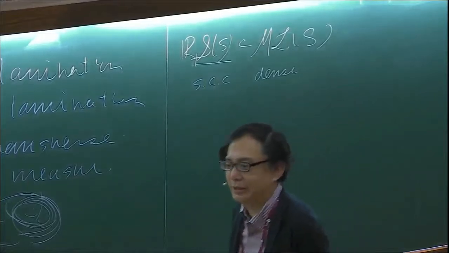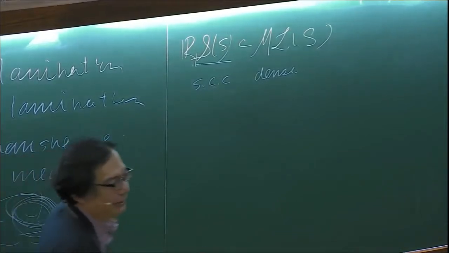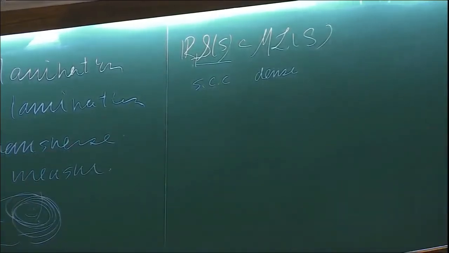I haven't talked about the topology, but MLS has a topology coming from the weak convergence of the measure. Okay. So here you have two measured laminations. Actually, neither of these two measured laminations has a compact leaf, a simple closed geodesic, as a leaf. They have only exceptional minimal leaves.